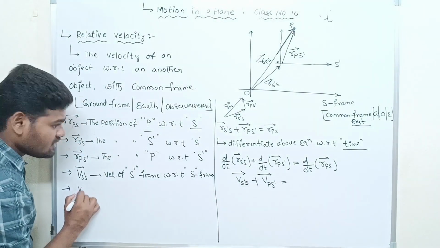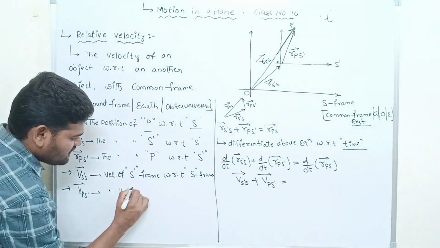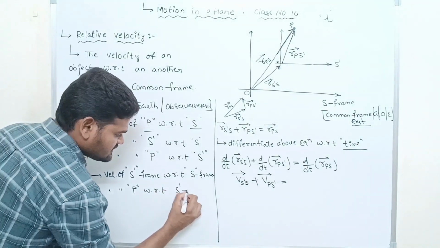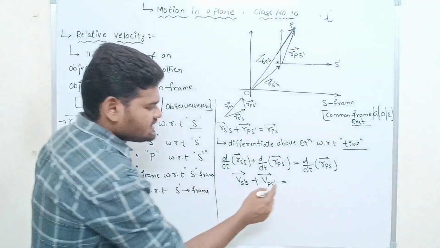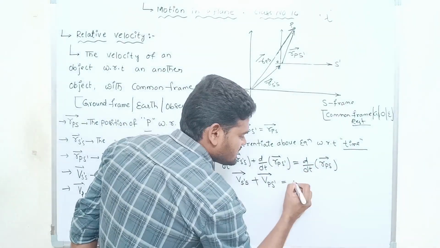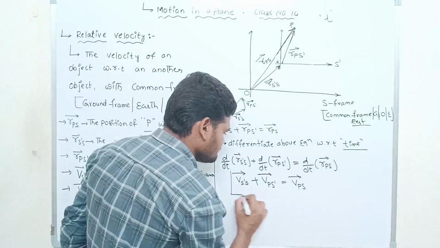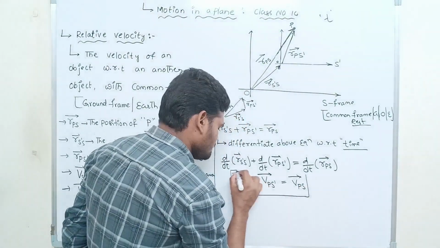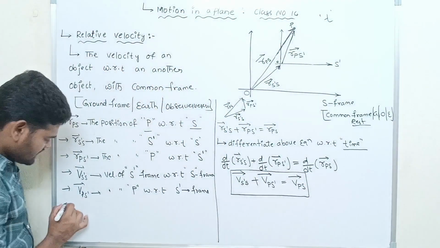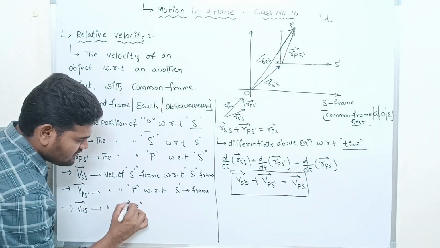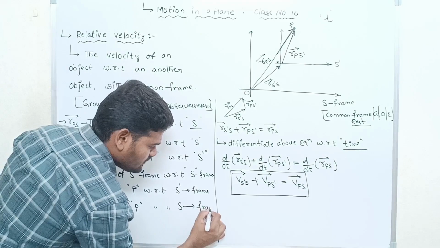So what is V P S dash? The velocity of particle P with respect to S dash frame. That is equal to d by dt of R P S, that means the velocity of particle P with respect to S frame. Are you getting? What is V P S? V P S means the velocity of particle P with respect to S frame.